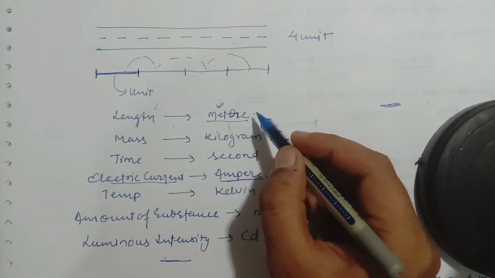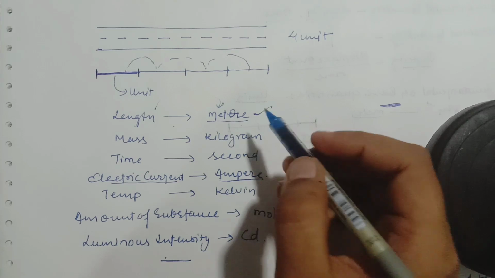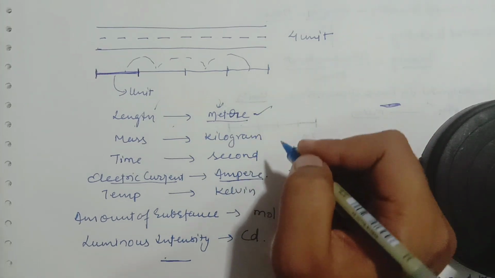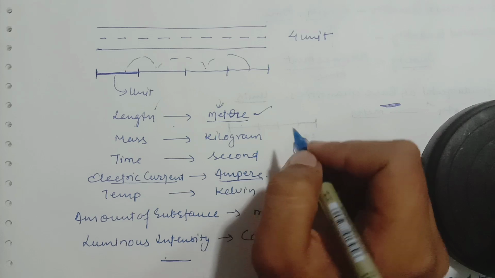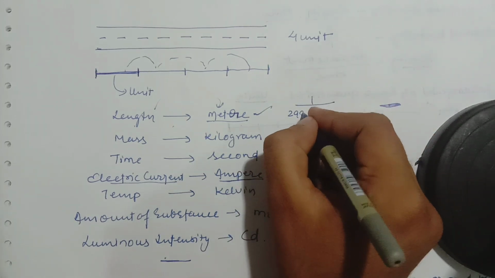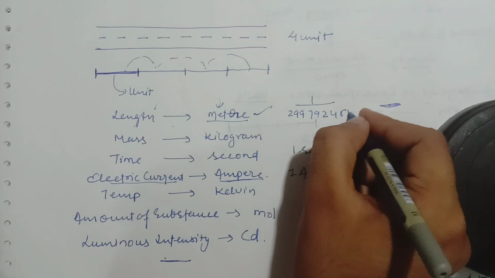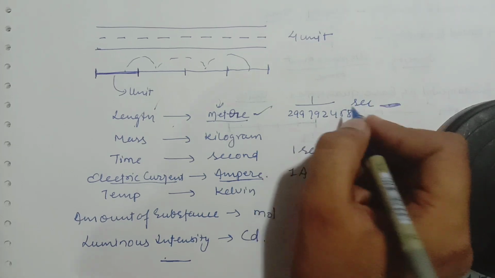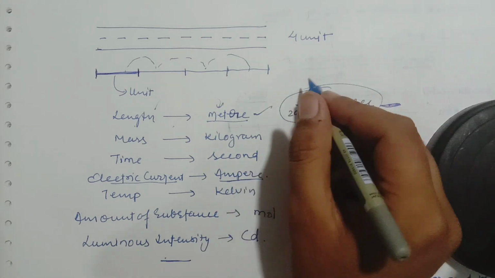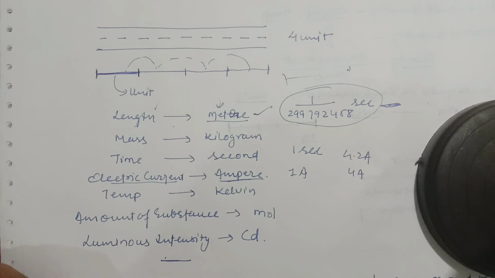Some major definitions I can tell you right now: the distance traveled by light in 1 upon 299,792,458 seconds. In this time interval, the distance traveled by a beam of light is known as 1 meter.